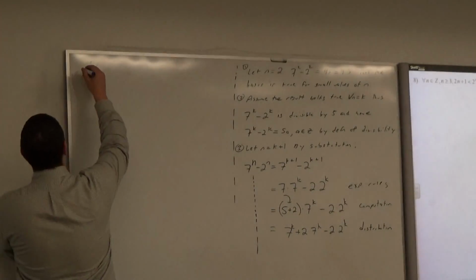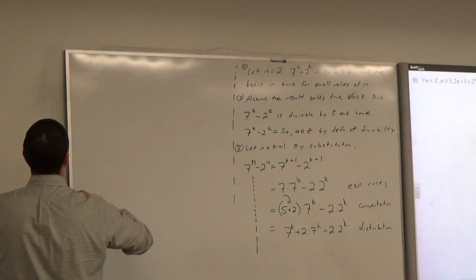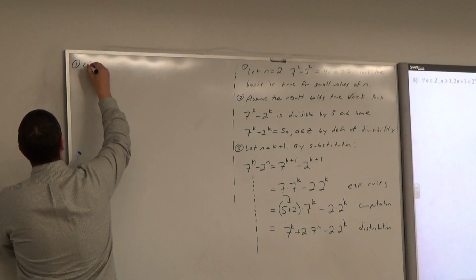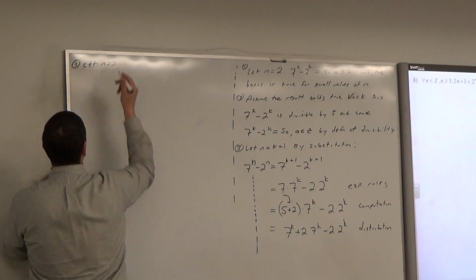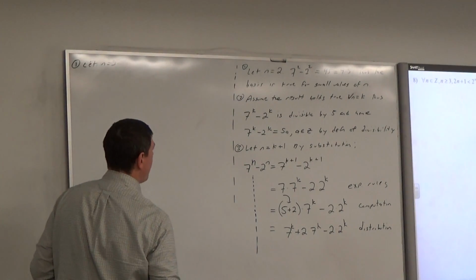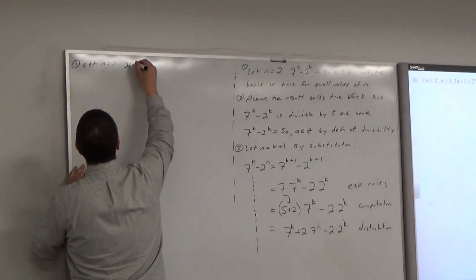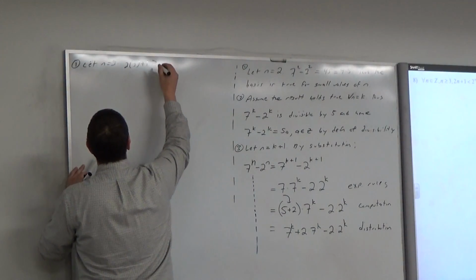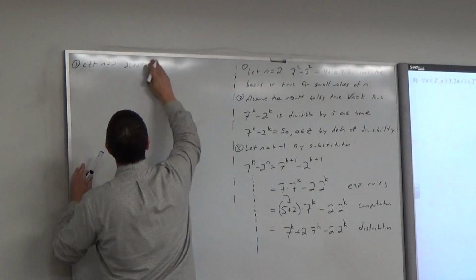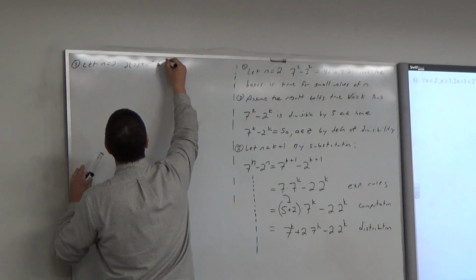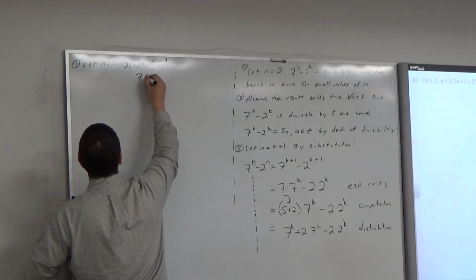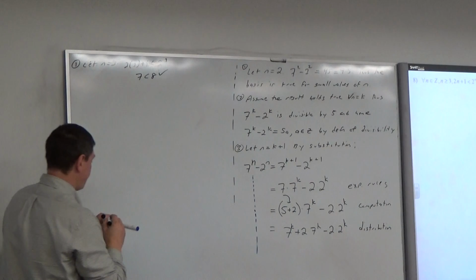The first 2 steps are easy. Okay, so step 1, okay, let's let n equal 3. Well, duh, that works. Okay, 2 times 3 plus 1 is going to be less than 2 to the 3rd. Or in other words, 7 less than 8. Okay, so that works.